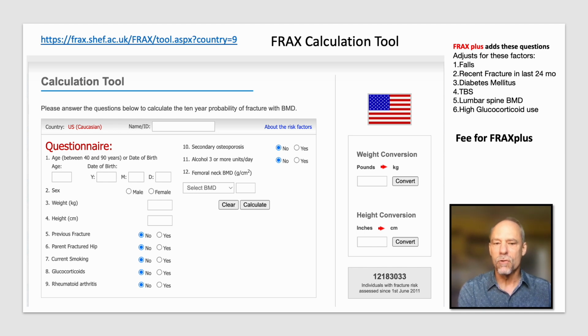The TBS score, which is the trabecular bone score that's available on the software of newer DEXA machines, gives you pixelated information about how dense and strong the bone is likely to be. So this is done in the lumbar spine. It also will use the lumbar spine BMD rather than the FRAX tool that uses the hip only, and the use of higher doses of glucocorticoids. So this can be helpful, but there is a fee to use this tool.